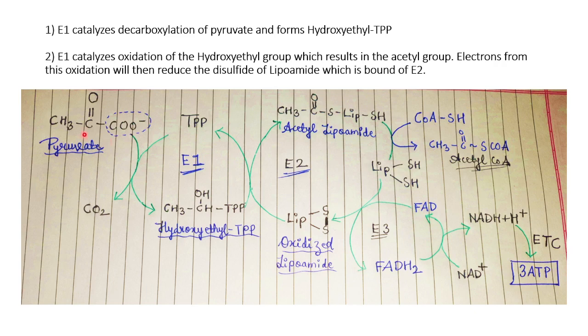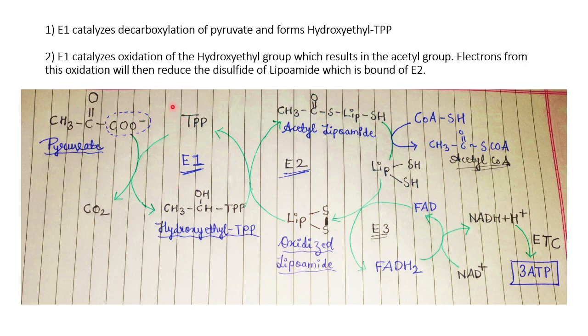First statement is enzyme 1 will catalyze the decarboxylation of pyruvate and forms hydroxyethyl TPP. So I have shown pyruvate molecule over here. Enzyme 1 will catalyze decarboxylation of pyruvate. So this CO2 is going to liberate. So decarboxylation has occurred. So this group which is left will be combined with TPP.